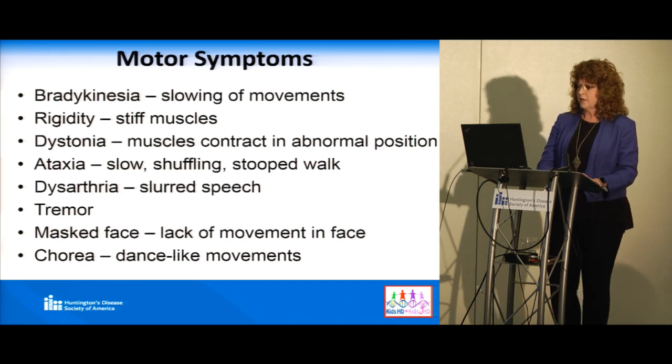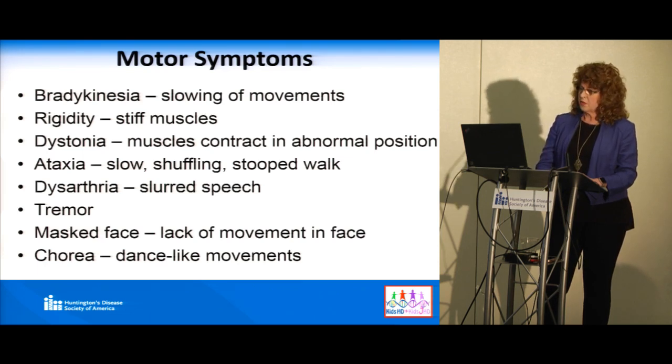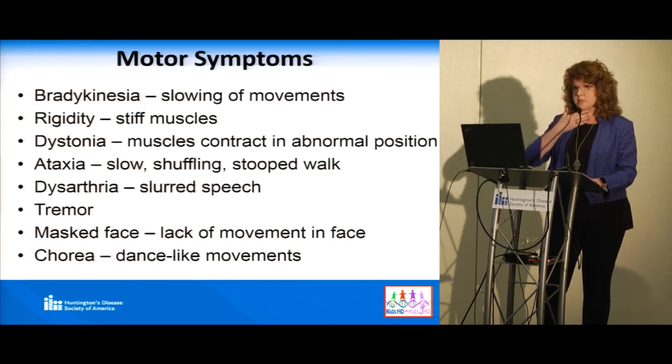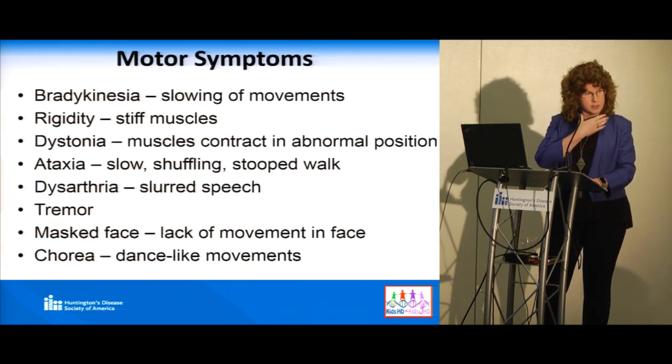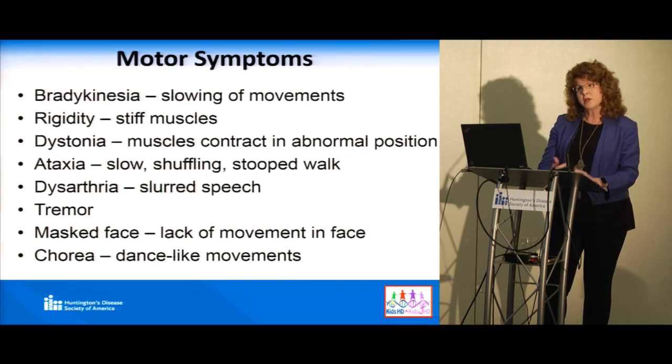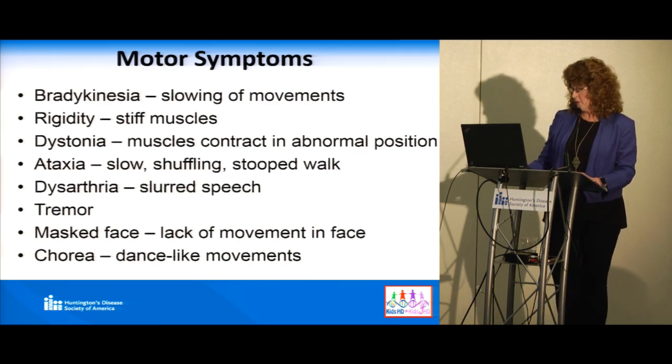Ataxia is a shuffled or unbalanced walk. Dysarthria is slurred speech. You can have a tremor. You can have a masked facies, which means that there's not a lot of animation to the face. And you can have chorea, which of course is the dance-like movements.